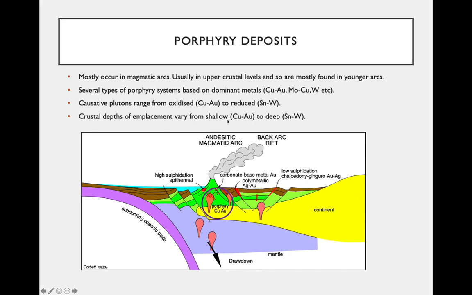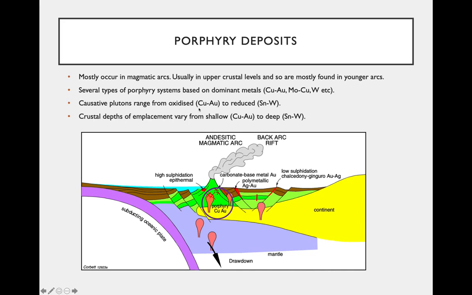And this also relates to their crustal depths. So shallow copper-gold systems versus deep tin and tungsten. The relative change in these processes is associated with how the minerals crystallized and the nature of the crystallization sequence.